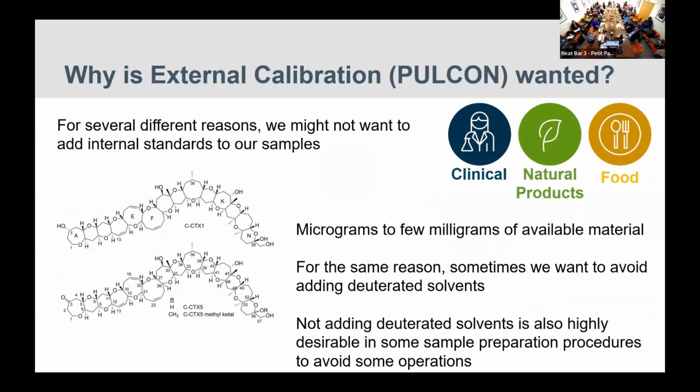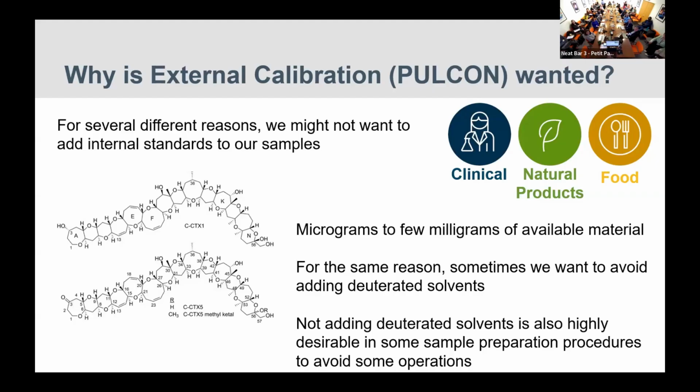And why do we actually want to use external calibration? Because you might think, well, it's good, but why would I use it if I can use an internal standard? Well, there are a number of reasons why we might not want to add internal standards to our samples.